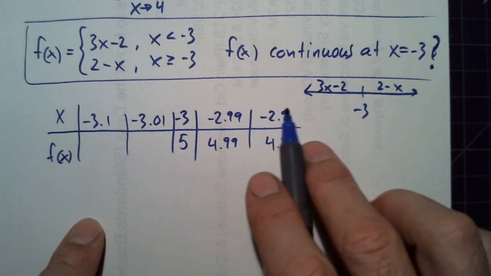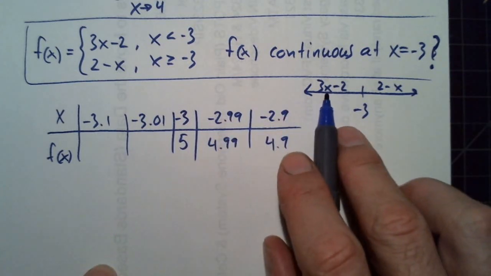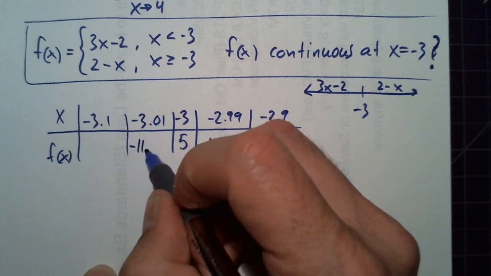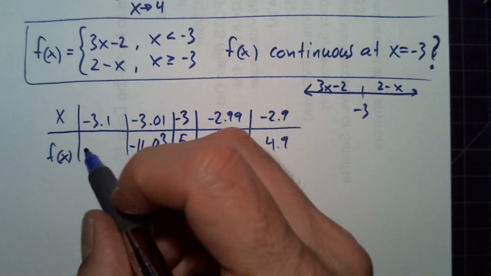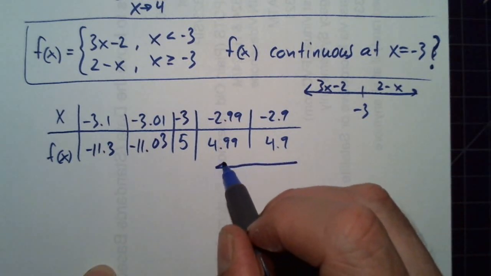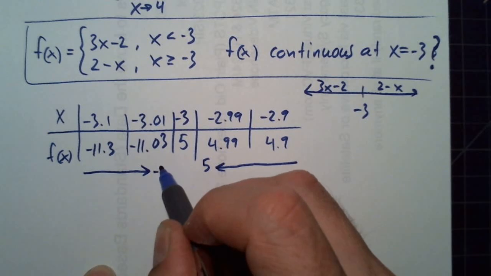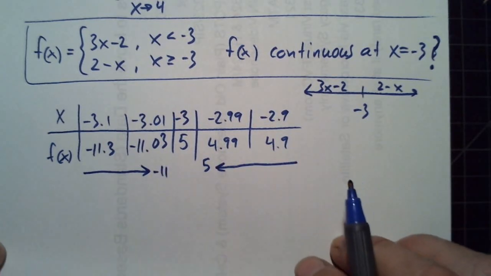But over here we need to use 3x minus 2. Put this in for x, and we'll get negative 11.03, negative 11.3. So the limit from the right is 5, but the limit from the left looks like it's negative 11.